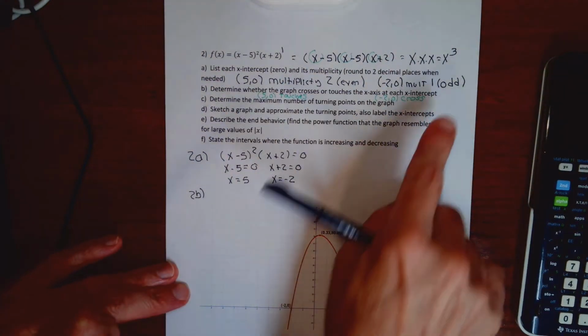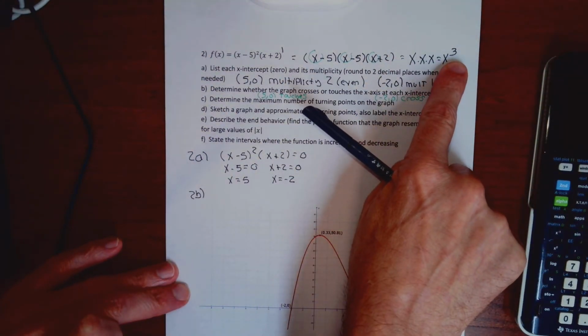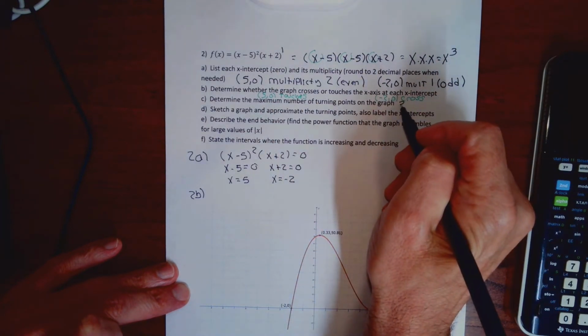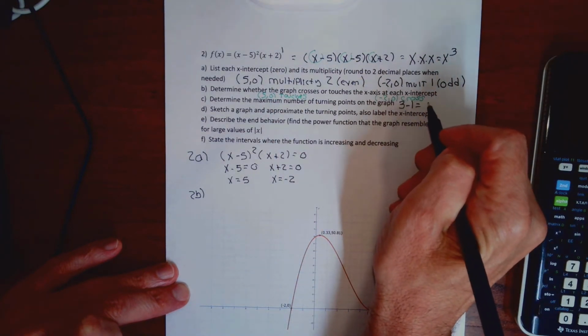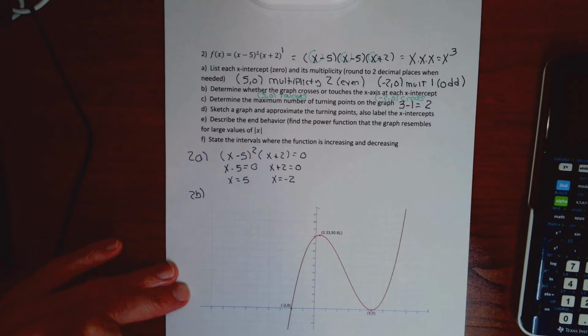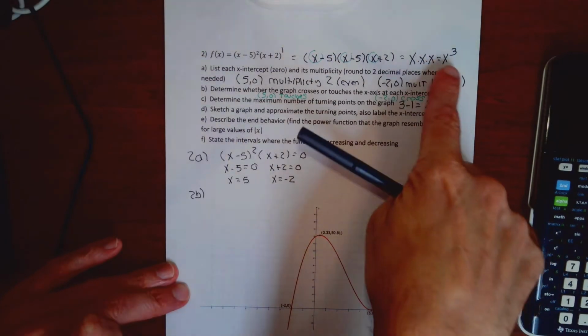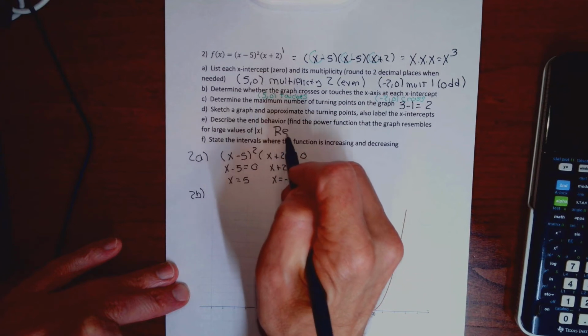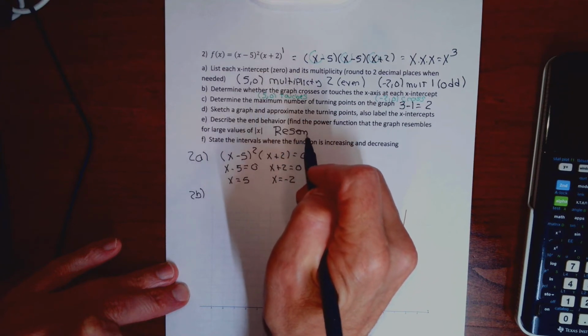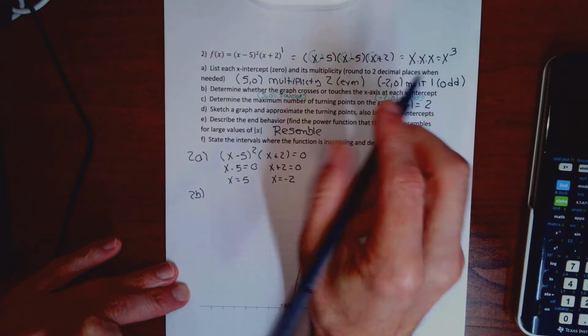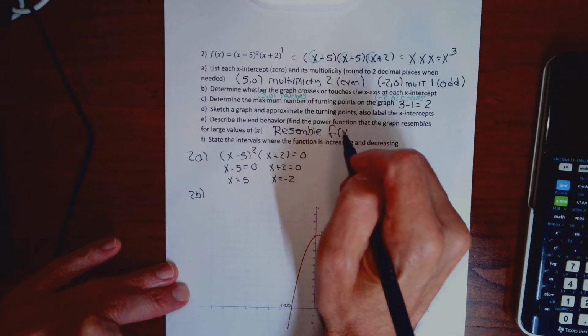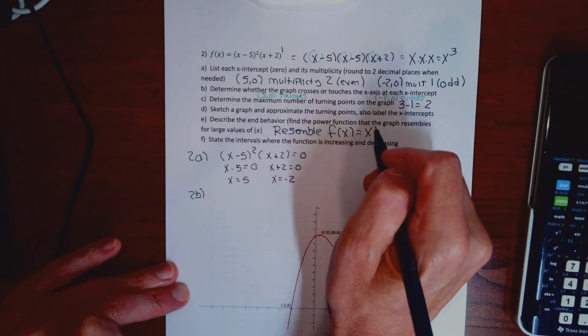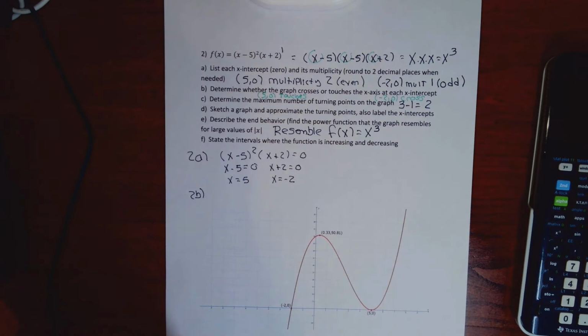For the maximum number of turning points, it's this exponent minus 1. So the maximum number of turning points is going to be 2. And I could also tell you the end behavior, that this graph, when I get far enough to the left or far enough to the right, is going to resemble the graph of f of x equals x cubed.